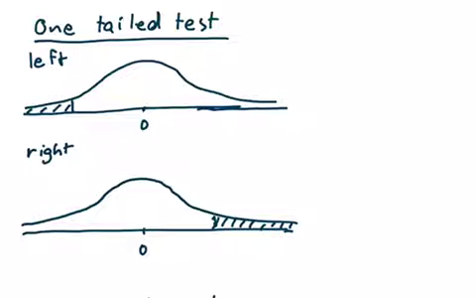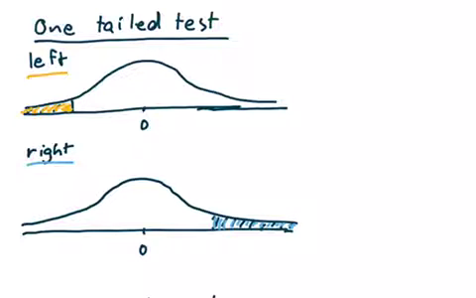We could say this is a left-tailed test, like this, and that would be the critical region in a left-tailed test, shaded in like such, right? In a right-tailed test, we would have this area shaded in here, okay?